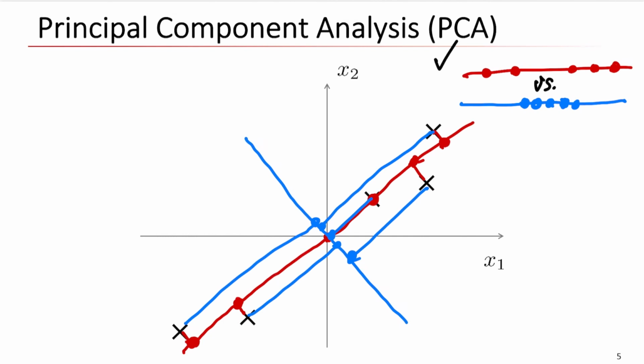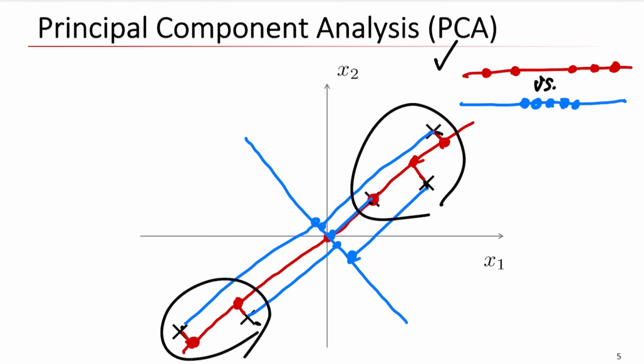This one. Why? This red one contains the relationship of the samples in the 2D space, right? Because in 2D space they are similar, so in the projected space they are still similar.